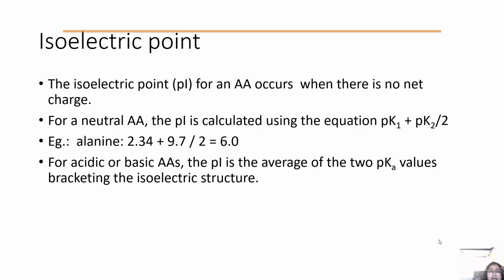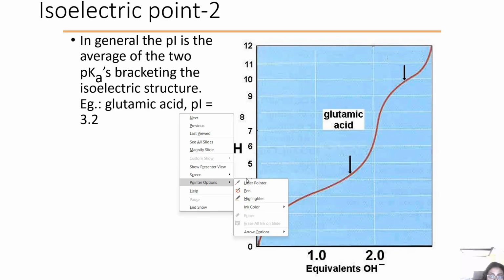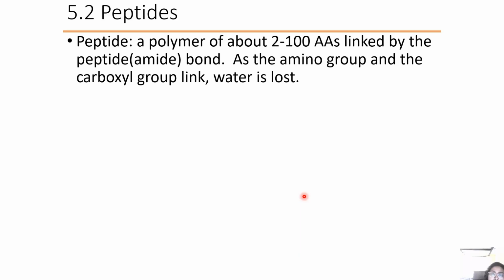For basic or acidic amino acids, the pI is the average of the two pKa values bracketing the isoelectric structure, like glutamic acid over here: pKa1 is 2.2, pKa2 is 4.3, and pKa3 is 9.9.